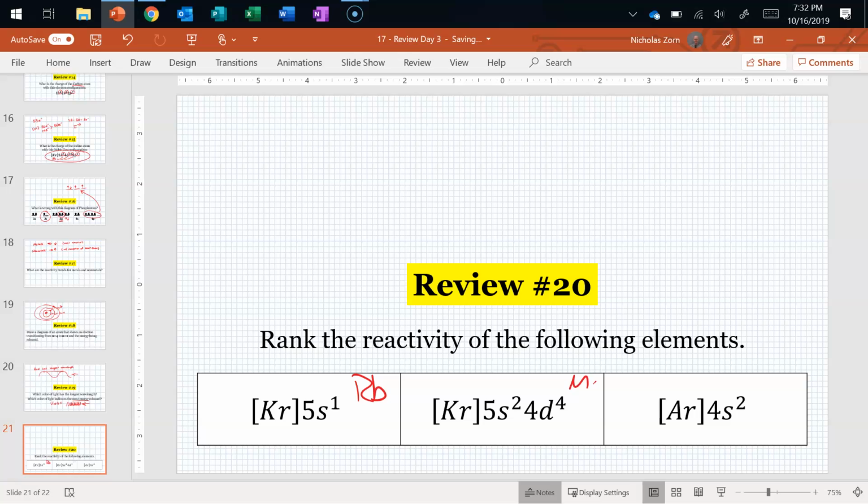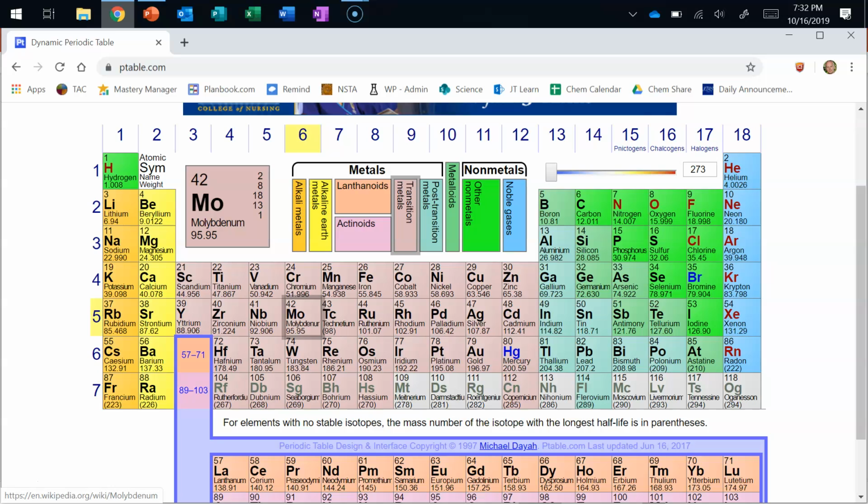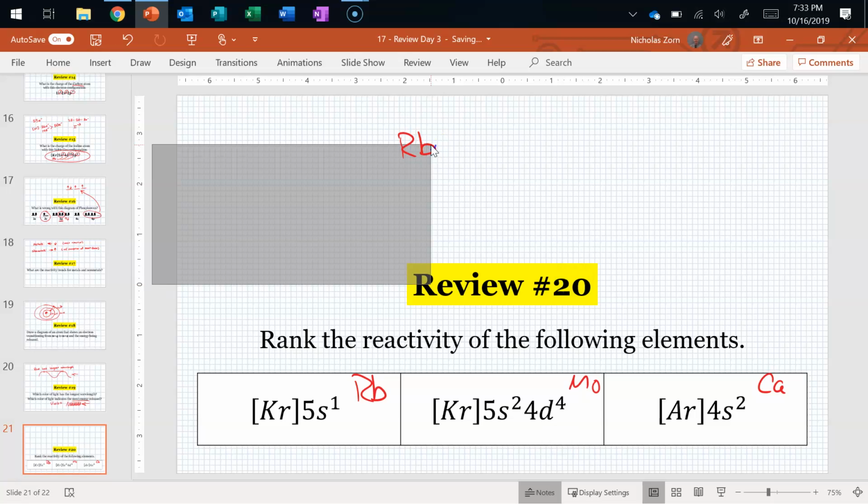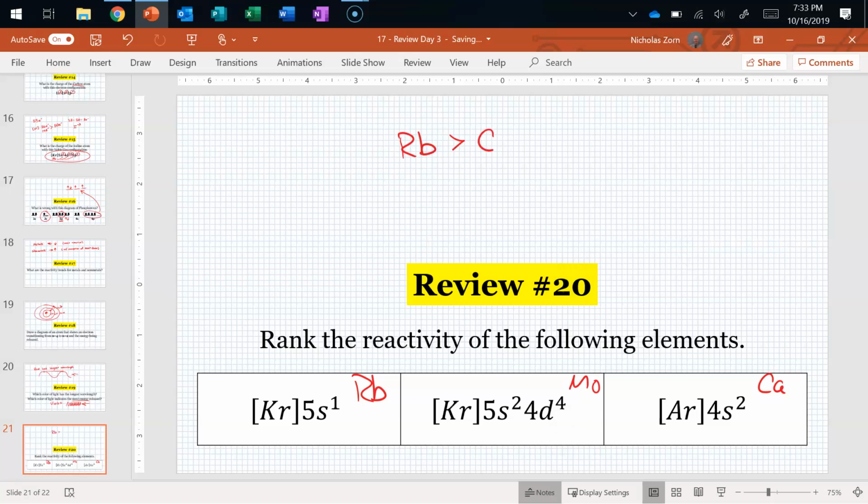Probably mispronouncing that. And then argon with 4s2 would be calcium. So if I were ranking the reactivity, rubidium would be the strongest, followed by calcium, followed by molybdenum.